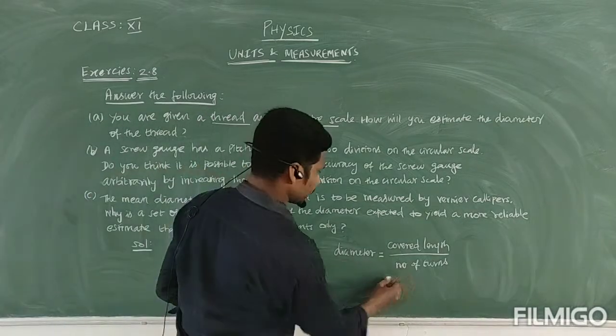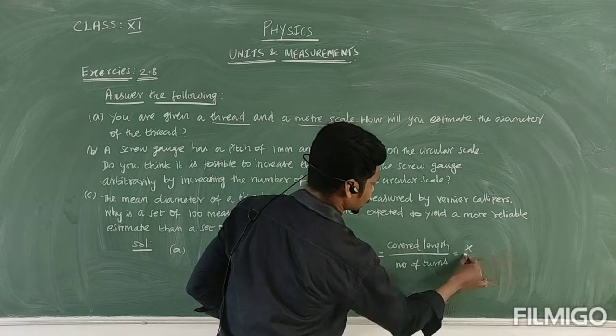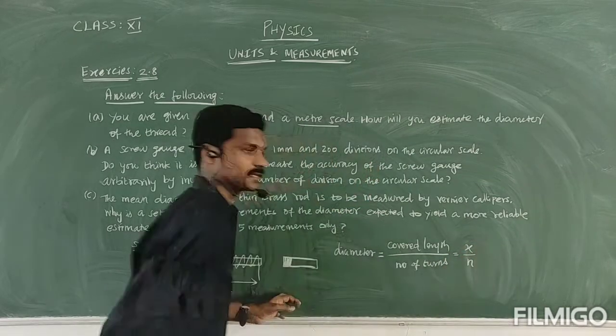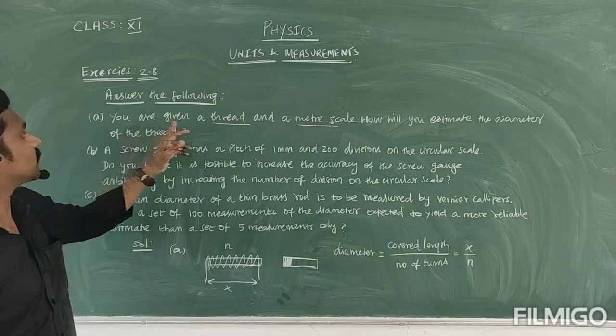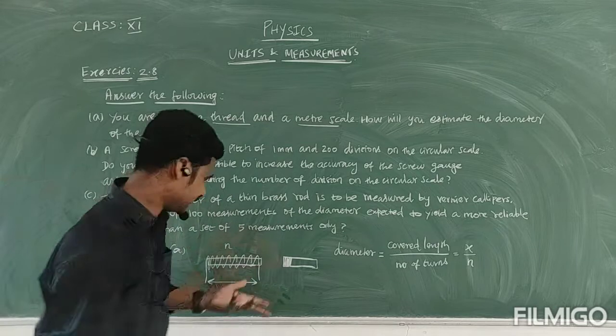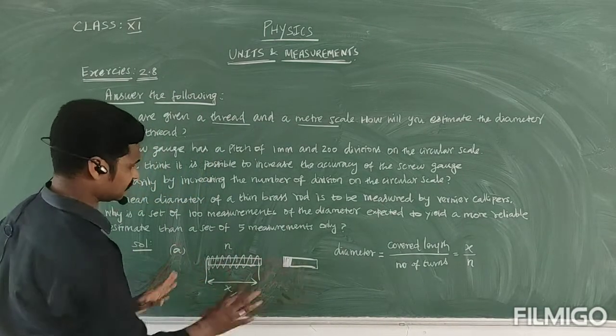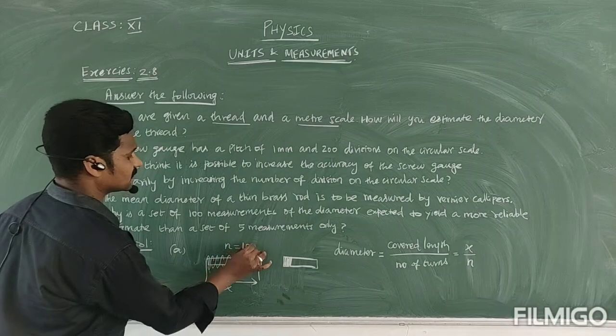So now I can write that the length covered, that is the x value, divided by the number of turns n. See that in this question you are given a thread and the meter scale, and they didn't give any reading. For my convenience, I will take x as whatever is covered with the width, so that the number of turns is 100.